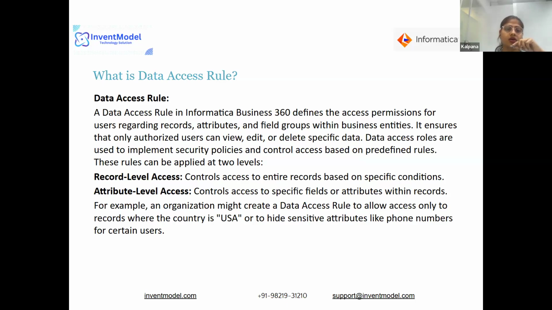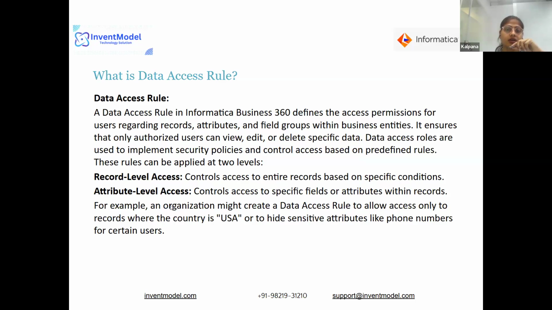Data access means when we acquire data, getting the data, and rule means the regulations we have. So a data access rule in Informatica Business 360 defines the access permissions for users regarding records, attributes, and field groups within the business entities.